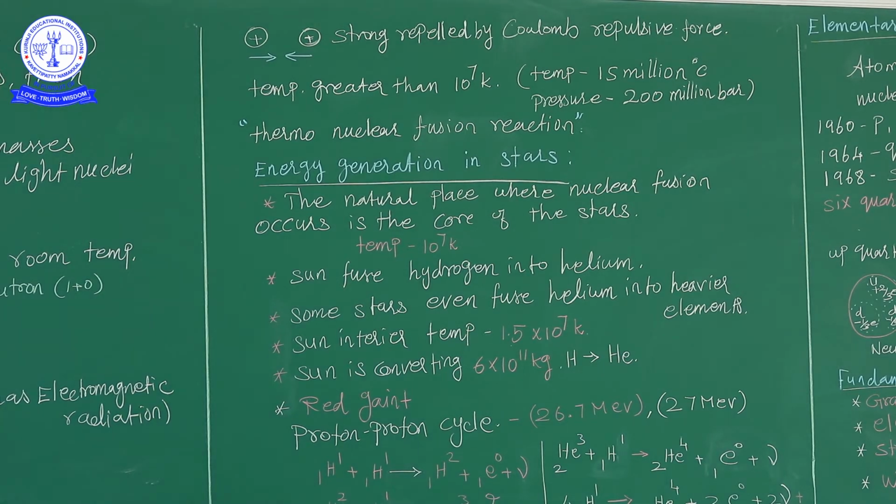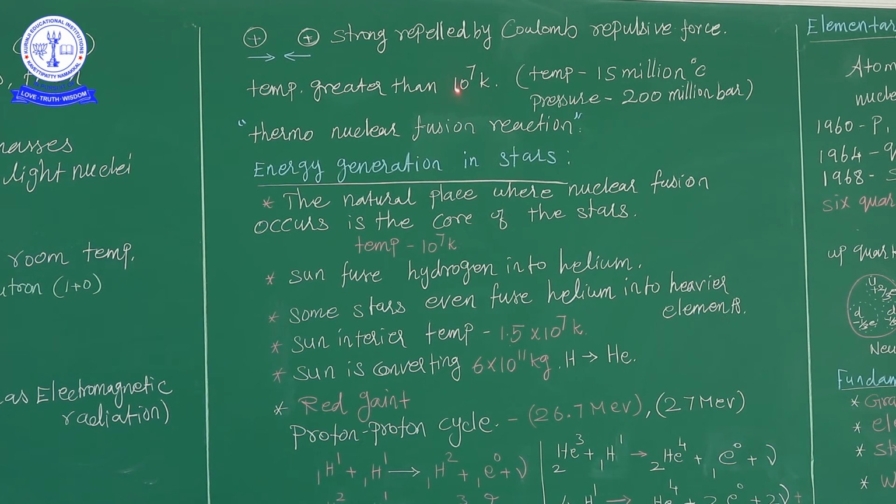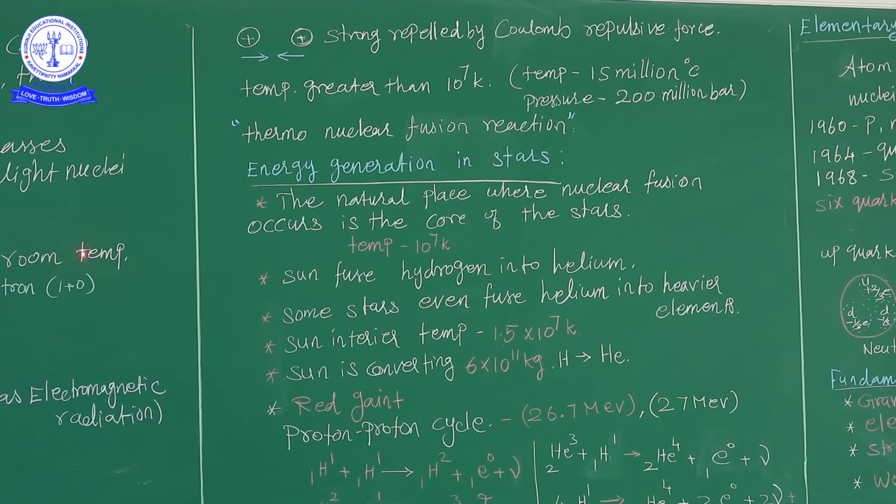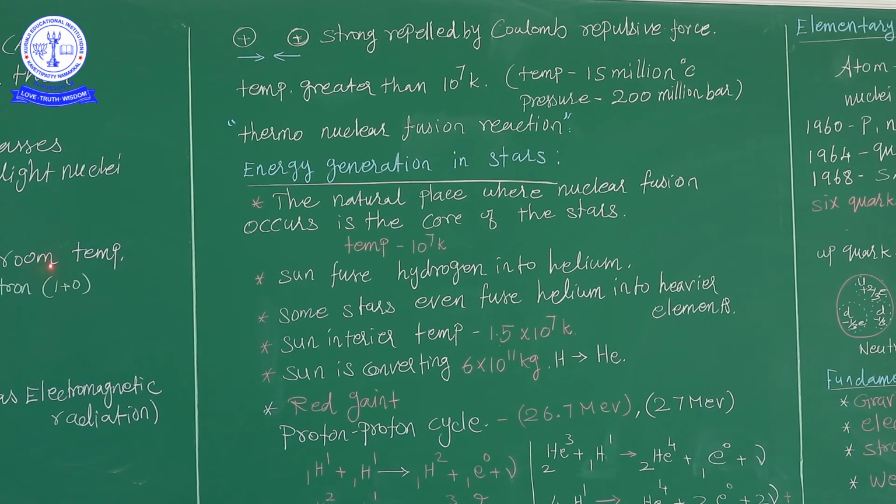We have to give some energy, that means temperature. A temperature greater than 10 to the power of 7 Kelvin makes it possible to combine the lighter nuclei to form a heavier nucleus. So nuclear fusion never occurs at room temperature. 10 to the power of 7 Kelvin is not room temperature; room temperature is only 27 degrees centigrade.